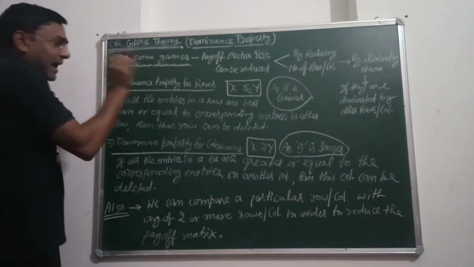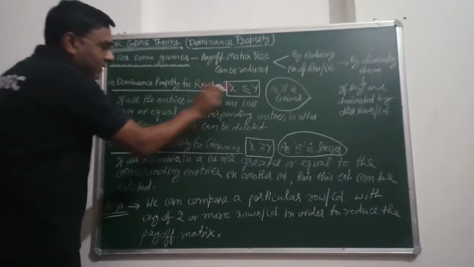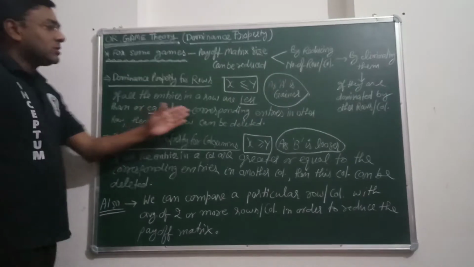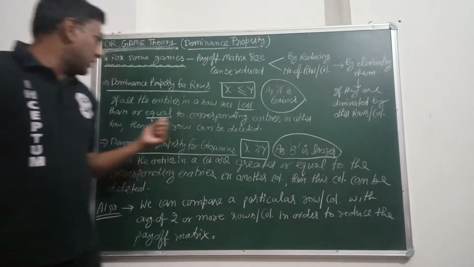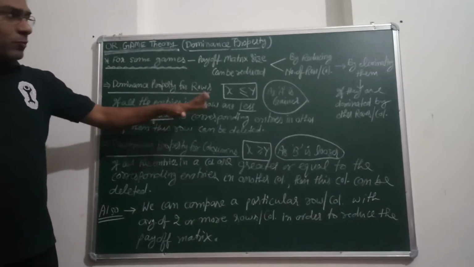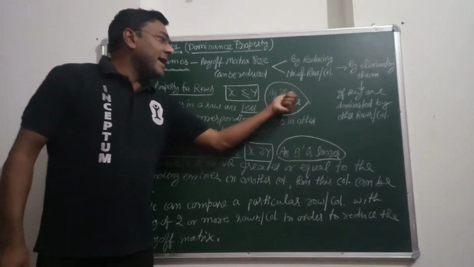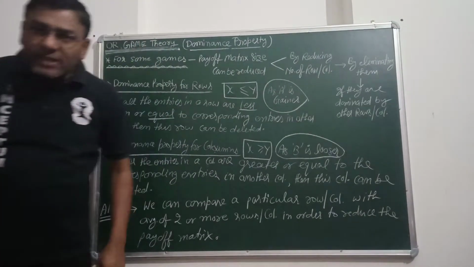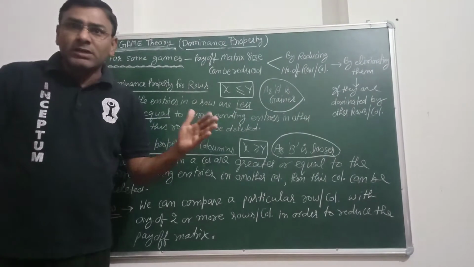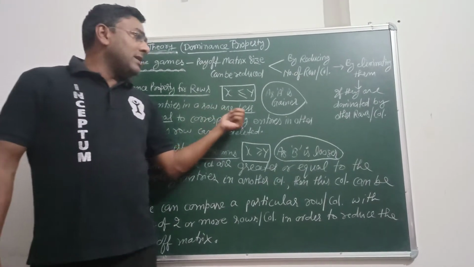if all the entries in a row are less than or equal to the corresponding entries in other rows, then you can eliminate that row. Why is it less? Because A always tries to maximize his gains and he will never use a strategy which has a lesser gain.